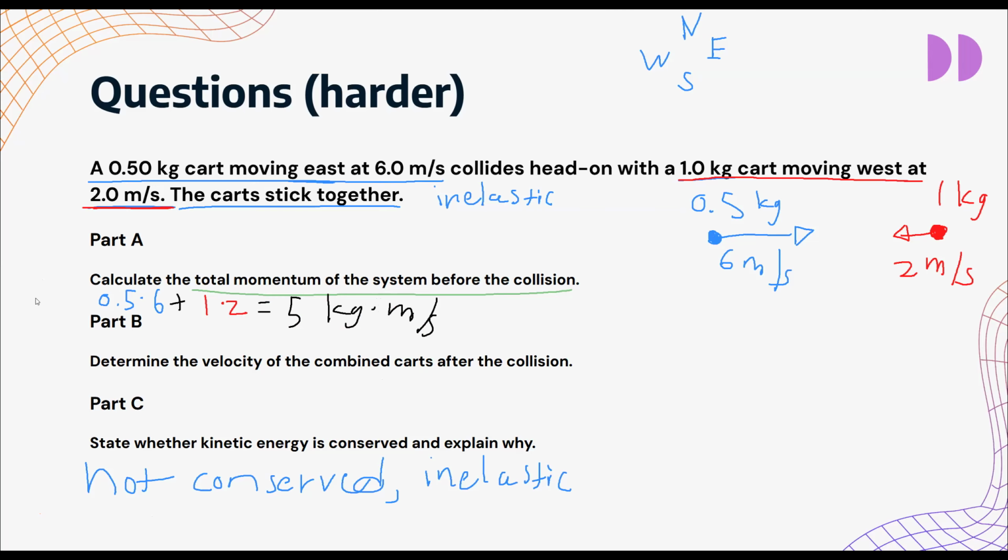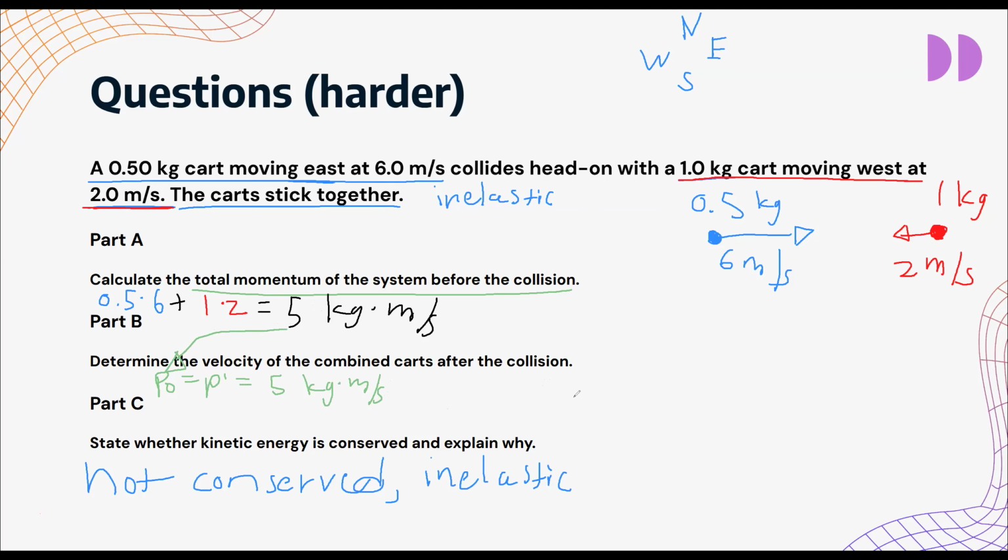We know momentum is conserved, so momentum before is going to equal momentum after. We know this is going to equal 5 kilograms times meters per second because we solved this as the momentum before, right?